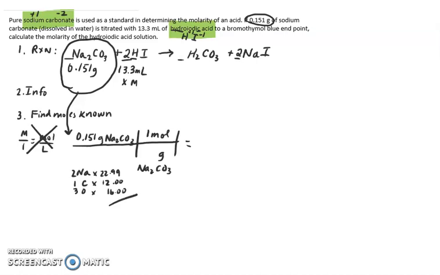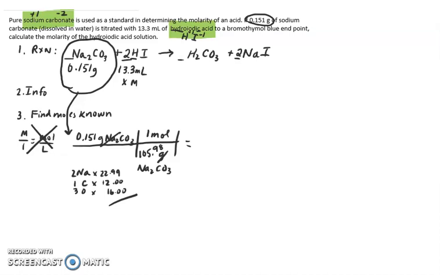So I'm going to go ahead and take out my calculator and get that calculated right now. I'm actually doing that at the same time you probably are. 22.99 times 2, plus that, I get 105.98. So I'm going to put that right here. And that cancels out. So I'm going to go ahead and take my 0.151 divided by 105.98.